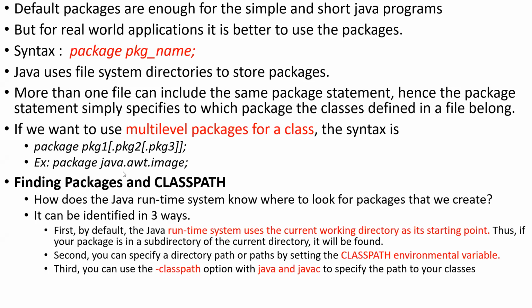This Java contains one sub package, that is AWT. Again, this AWT has one more sub package, that is image. So this statement gives the description. If you are going to utilize multi-level, hierarchical packages in your program, you can use this type of syntax.